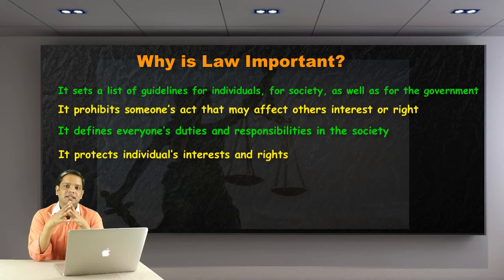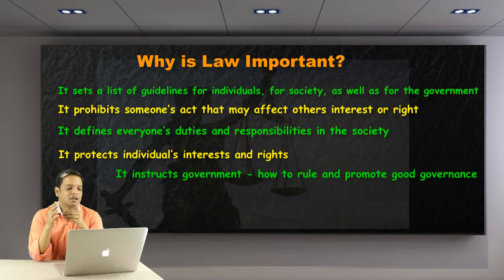The next point is, it instructs the government how to rule and promote good governance. The very first point that we have discussed is related to that only. So it has the broad rules and regulations, basically guidelines for the government, how to rule, what to do.